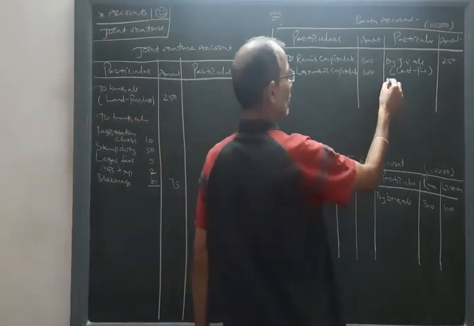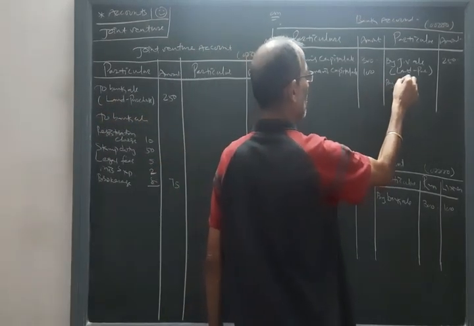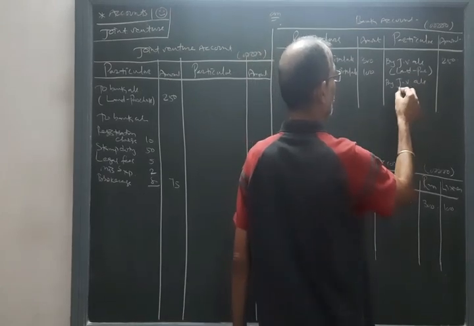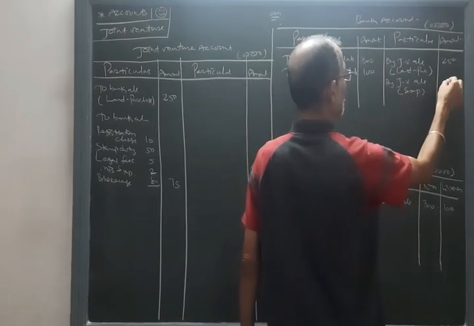On the credit side of the bank account, I will write it by joint venture account, expenses total 75.